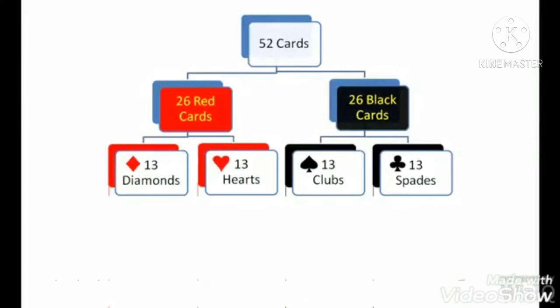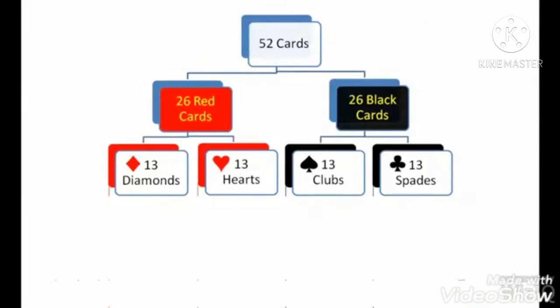So if the question is, one card is picked up from 52 cards, what is the probability that it would be a heart? There are only 13 heart cards. So the probability would be 13 by 52. That is 1 by 4.